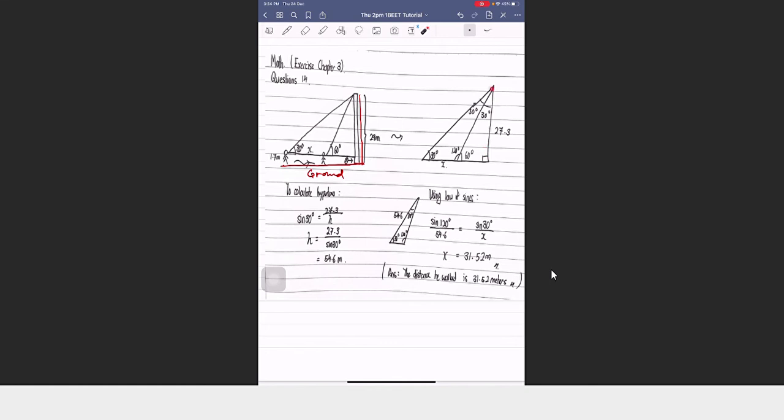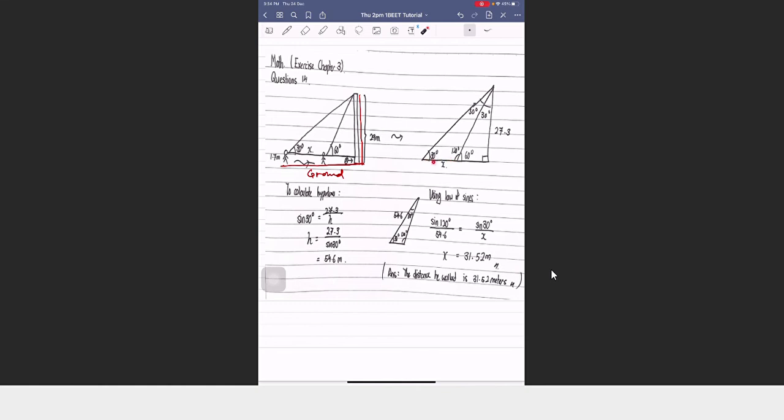So now referring to this diagram, basically you have one big triangle here, as well as one smaller triangle like this. The distance that you want is here.